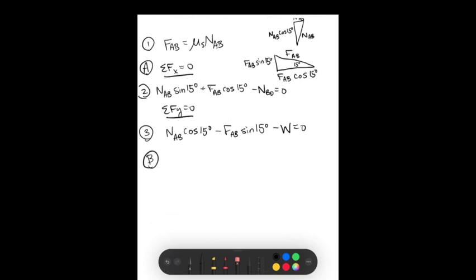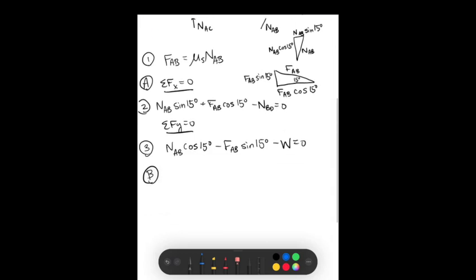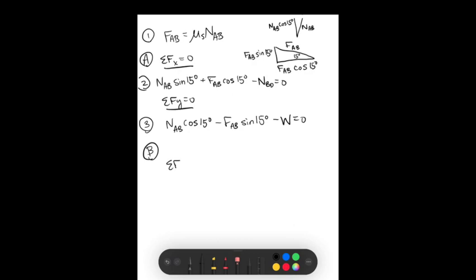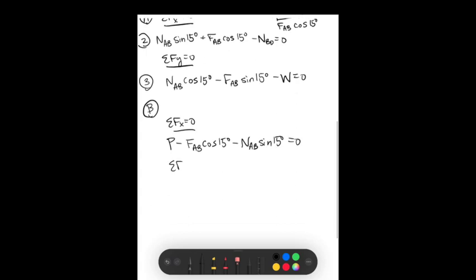Okay, next I'm going to move on to my next free body diagram. So we're going to be looking at this free body diagram. Again, we'll start with the x components and the y components and put together our different equations. In the y, call this equation 4 and equation 5.